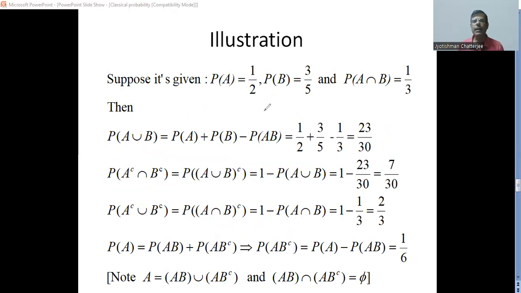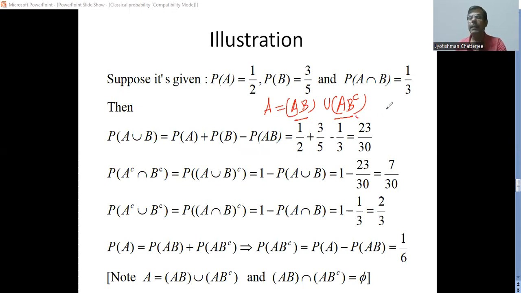So what we wrote here, A is nothing but AB union AB complement, and observe that they are disjoint. AB is disjoint from AB complement. Why is it so? Because any element in AB must also belong to B, so it cannot belong to B complement. That is, it cannot belong to AB complement.